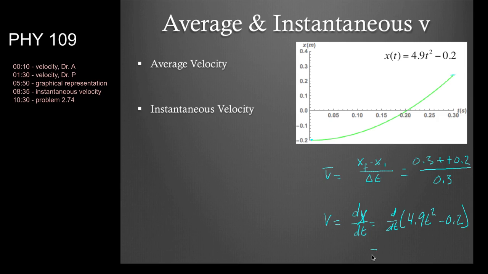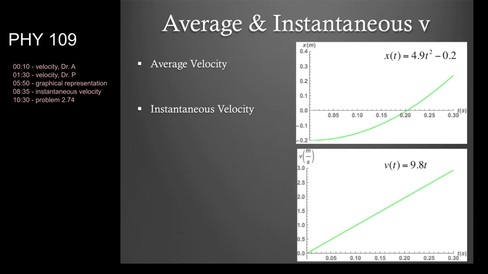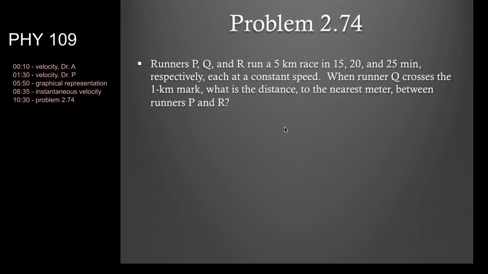When we take the derivative of this, we end up with 9.8 t. And so actually the velocity increases linearly with time. So we can make a plot of this function, and you can see that the velocity increases with time, just like what we predicted.